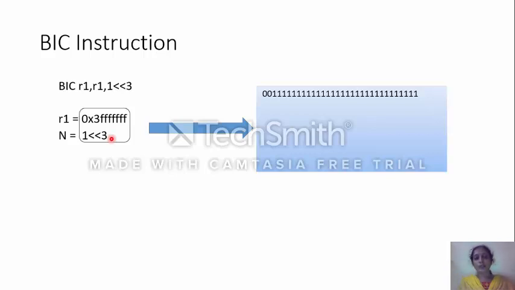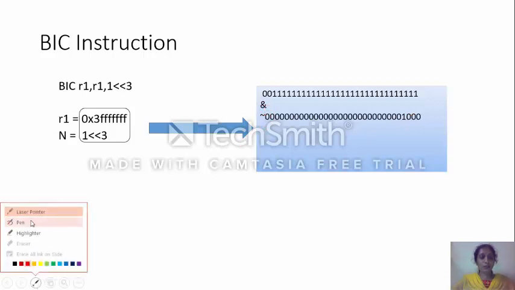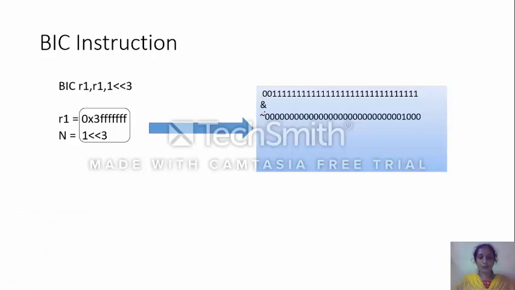The fourth bit from the right hand side will be 1, and the rest of the bits will be 0. You can see here, all bits are 0, only one bit is 1. And this sign indicates that it's a complement operation. Remember, this indicates the complement operation.